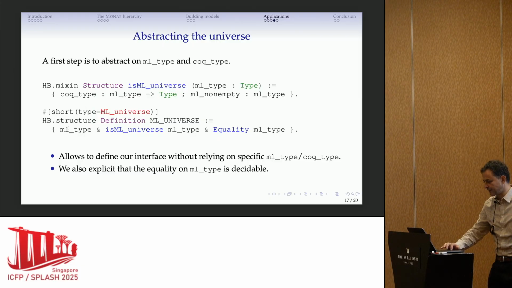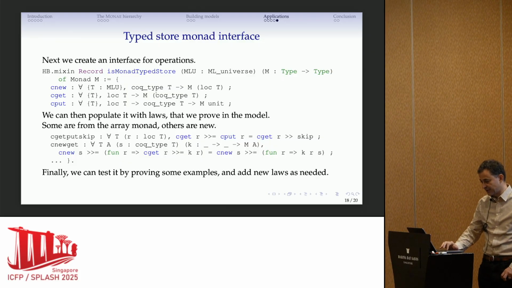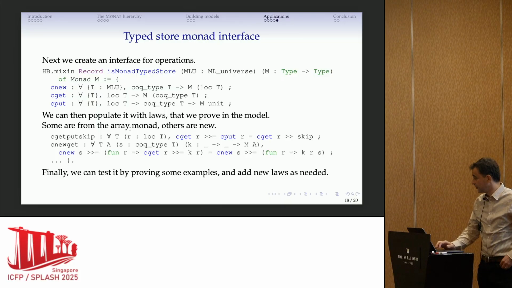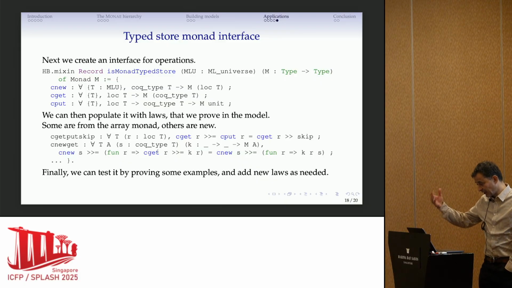From this, you can define the ML universe, which packs everything together: the ML type, the code type, and the fact that ML type has decidable equality. This gives us the interface for the type star monad with operations new, get, put, and a large number of laws. Some can be derived from the array monad, others are new, because the new operation is a new one. And we test it by proving a number of examples.